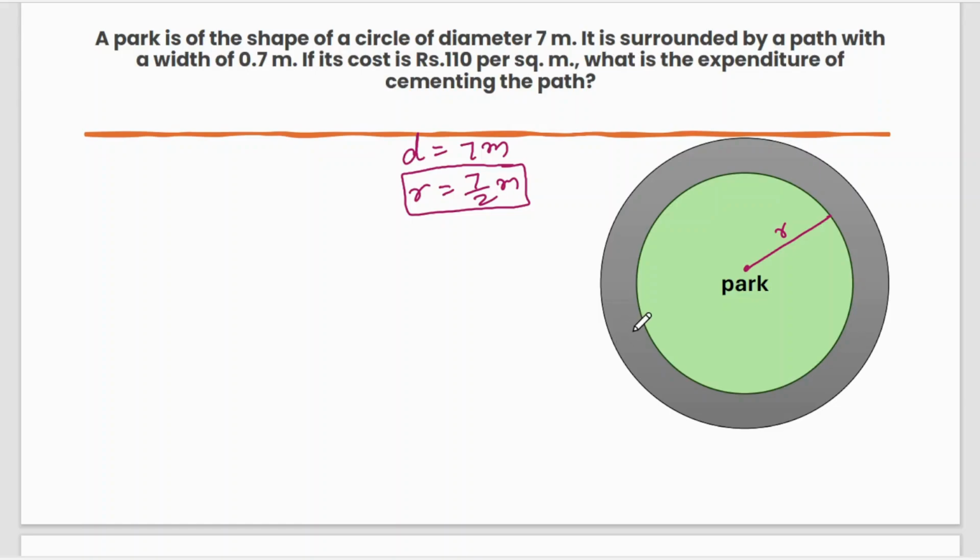Okay. Now we have to find the value of capital R also. This is your capital R. Now, can you see? You just have to add the width of the path to get the capital R. So capital R can be calculated as small r plus width of the path.